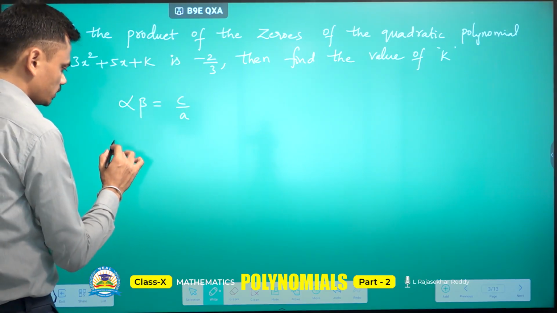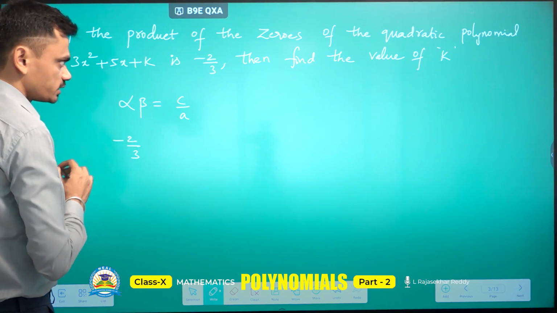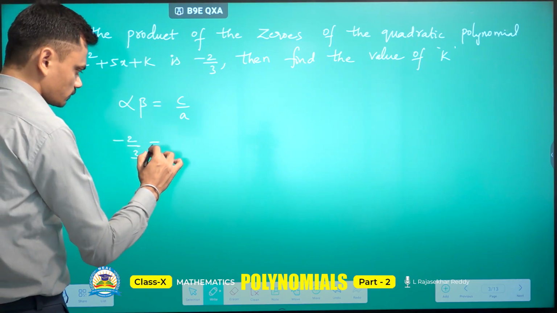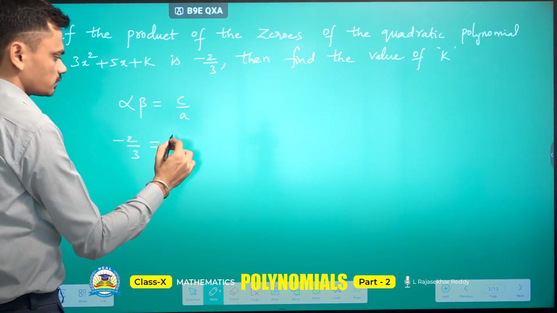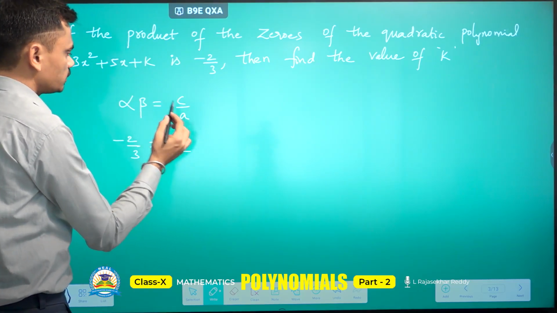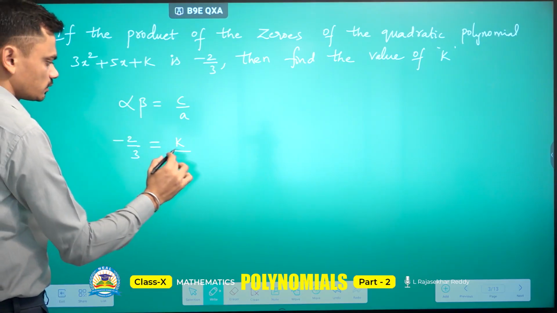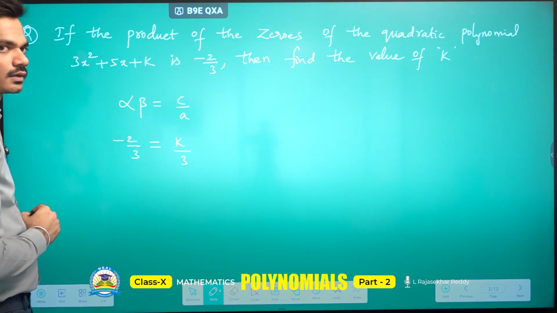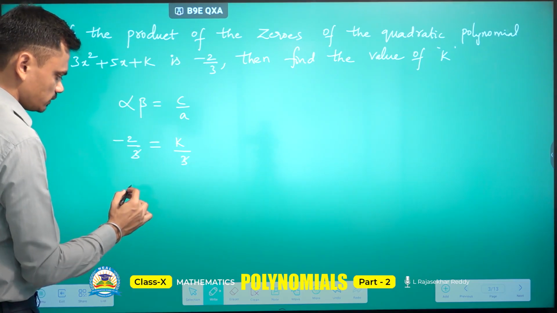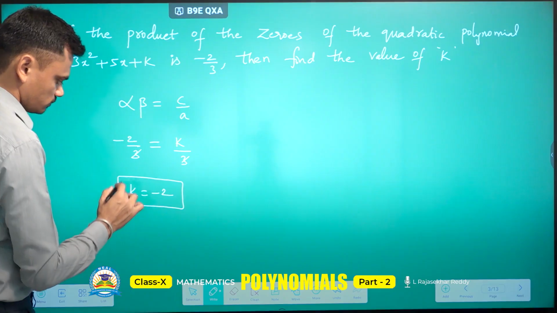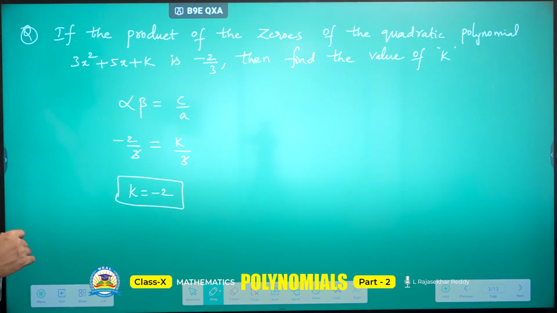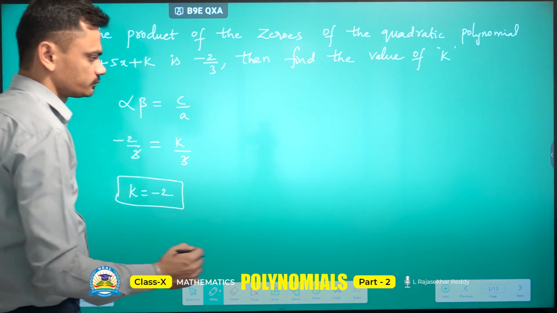So alpha beta = -2/3, given in the question, is equal to c/a. Here c is the constant k, and a is the coefficient of x², 3. So 3 gets cancelled. k = -2.